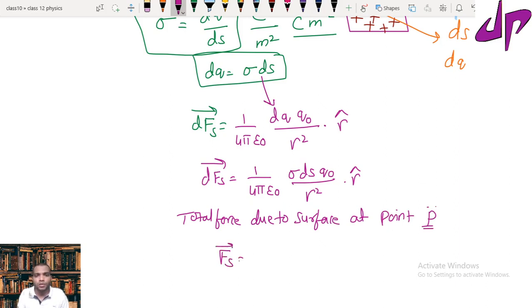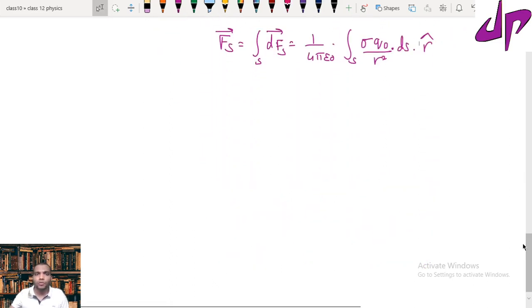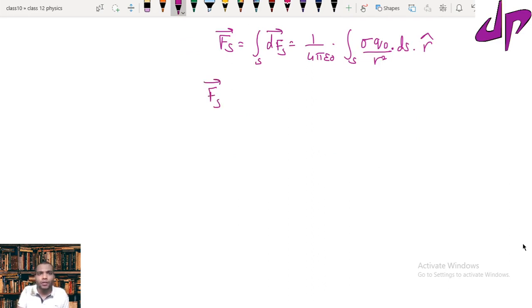The total force due to the surface equals the surface integral of df. We can pull out the constants of integration: 1 over 4 pi epsilon naught times the surface integral of sigma times q naught by r square ds times r cap. So that is the total expression for the total force.